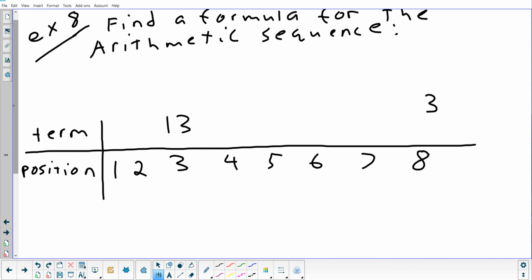You find the difference between 13 and 3 and then divide by 5 to find how much you're adding. You've got to figure out what the steps here are. They don't have to be the same because it's arithmetic. So what are you doing each time to get from 13 to 3? Subtracting 2.